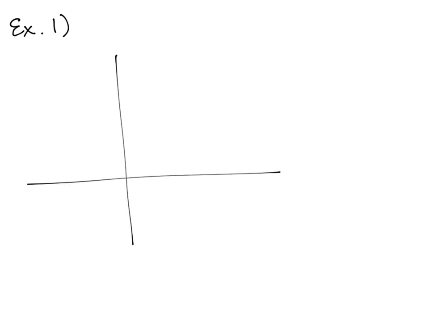All right, I think that's enough to get us started. Let's do example 1. The axis of symmetry is located at x equals negative b over 2a. So here's a coordinate grid, and it's going to be a parabola.